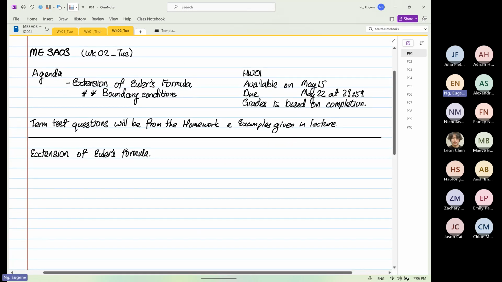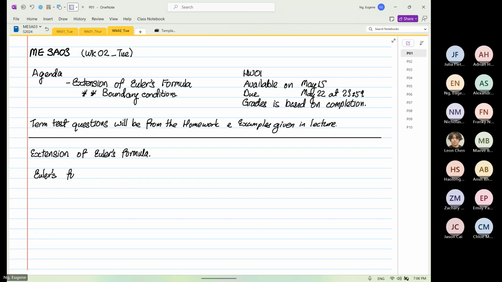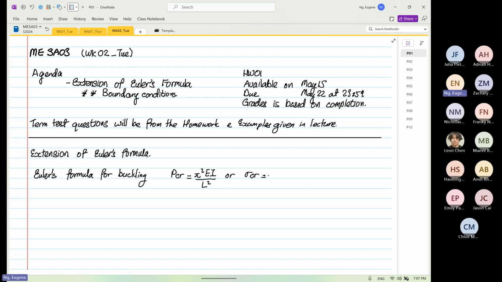So Euler's formula for buckling is such that we have P critical is equal to pi squared EI over L squared, or you have critical stress is equal to pi squared E over (L over R) squared.